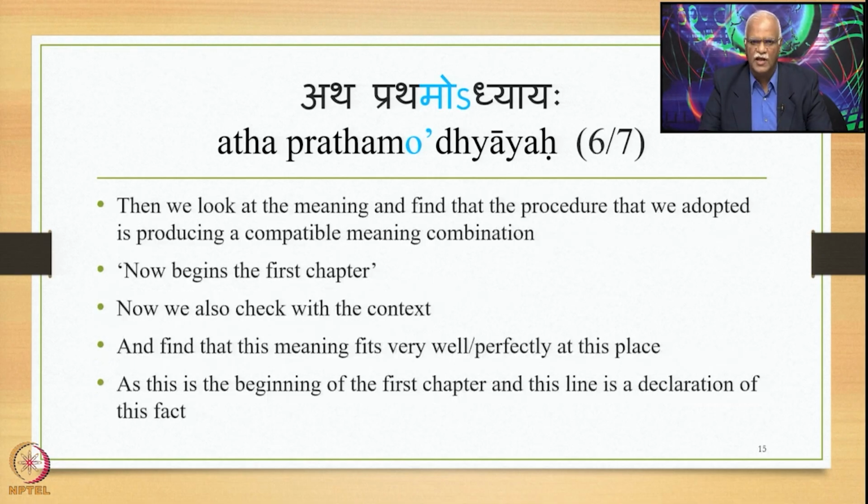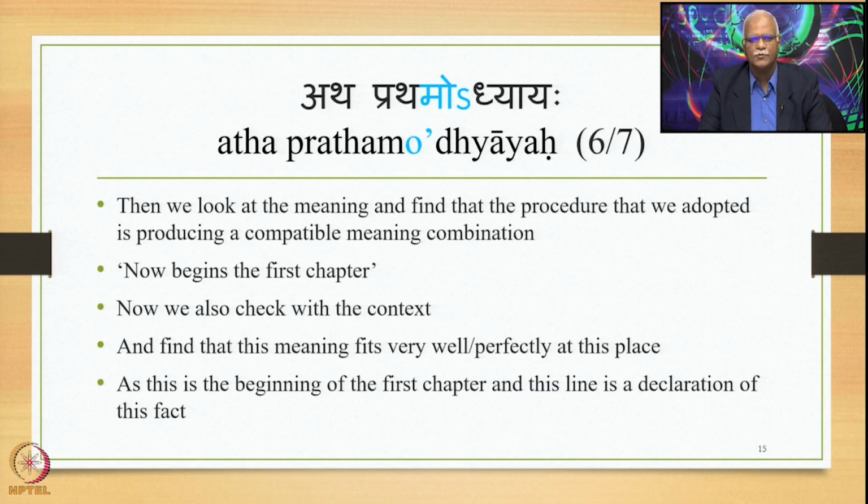Then we look at the meaning and find that the procedure that we adopted is producing a compatible meaning combination. Namely, now begins the first chapter. Atha means now begins, Prathamaha means first, and Adhyayaha means chapter.